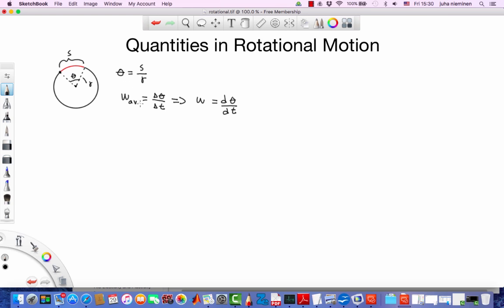And let's add one more subindex here. We can call it omega average z, and z means that it is the axis of rotation of this motion. So in this case, the z-axis would be pointing out from the screen like this, and you'll see in a minute why we do this.